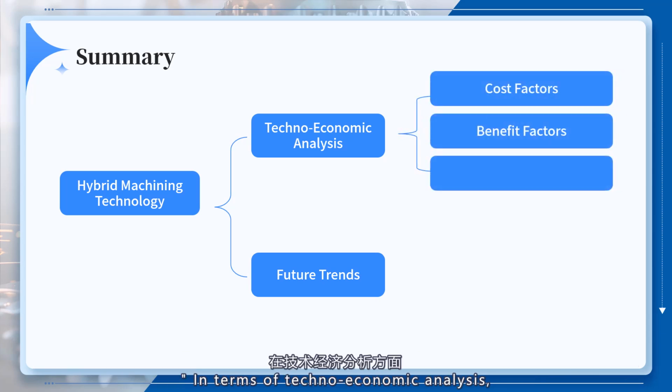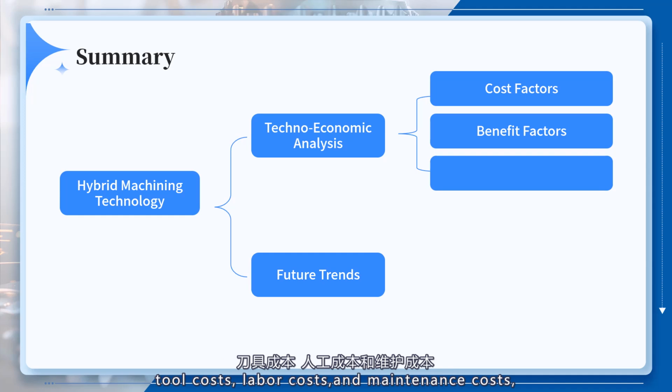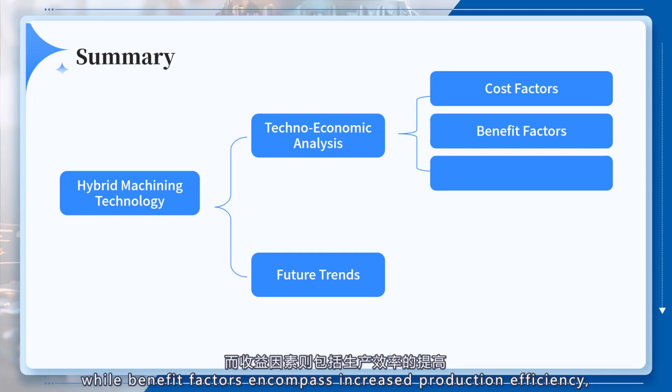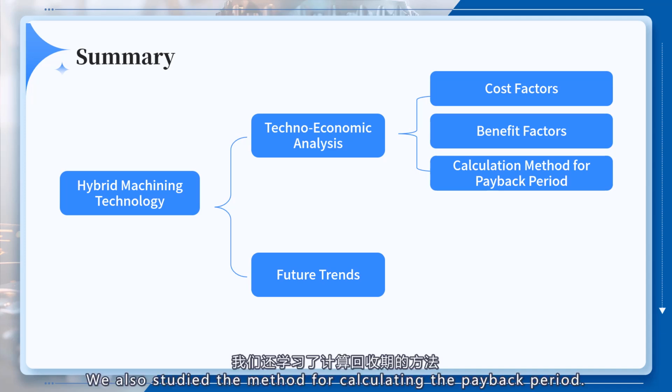In terms of techno-economic analysis, we learned that cost factors include equipment costs, tool costs, labor costs, and maintenance costs, while benefit factors encompass increased production efficiency, improved machining precision, and stable product quality. We also studied the method for calculating the payback period.